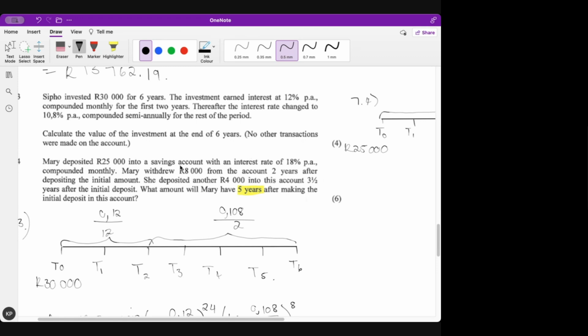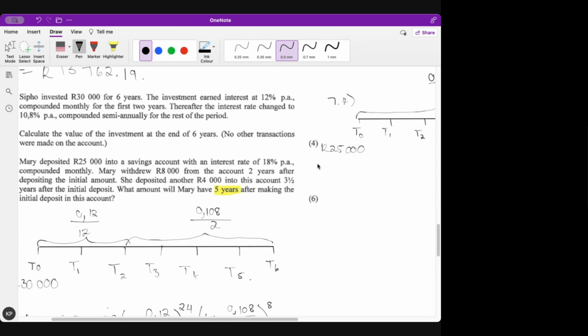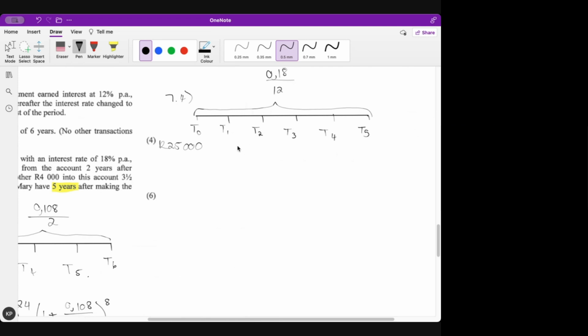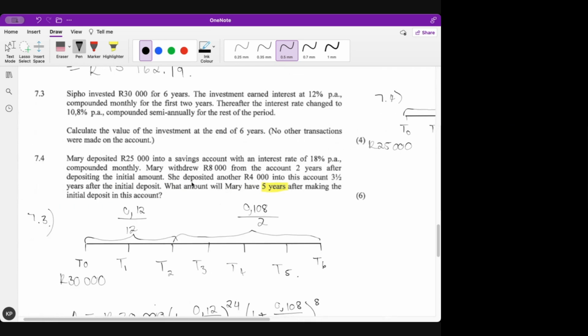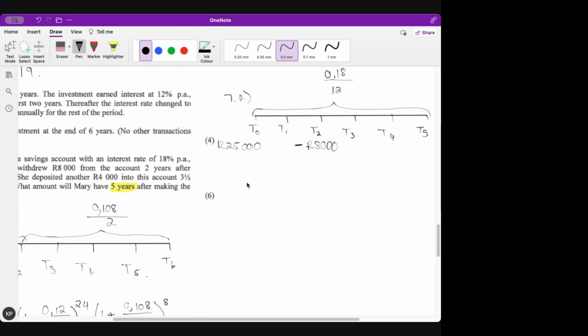And then it says, after 2 years, she withdraws 8,000 rand. So at T2, we have a minus of 8,000 rand, along with any interest it would have earned. And 3.5 years after the initial deposit, she deposits another 4,000 rand.